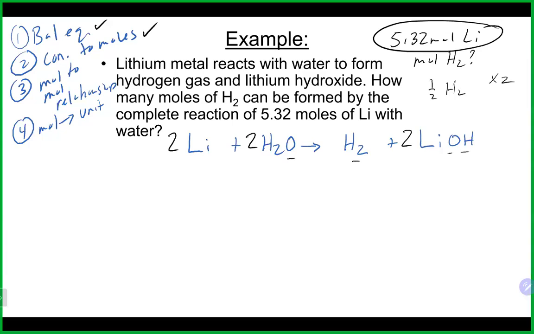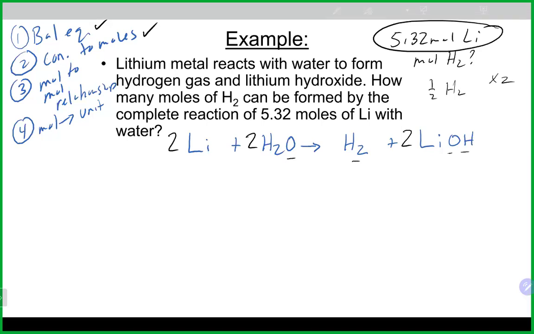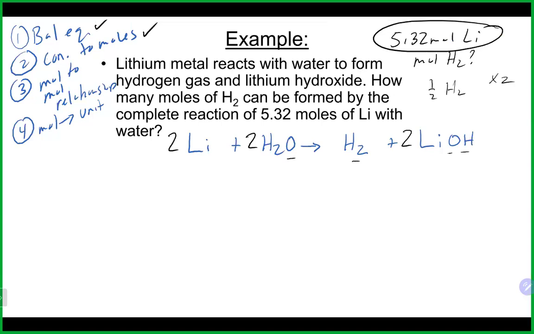So the next thing we need to do is really the stoichiometry part, which is we're going to go to the equation and find the 2 things we're interested in. One thing is whatever they gave us, which in this case is lithium. So we're definitely interested in this one. And the other is whatever we're trying to find. In this case, we're looking for hydrogen, which is over here. Those are really the only 2 things we should concern ourselves with in this equation.